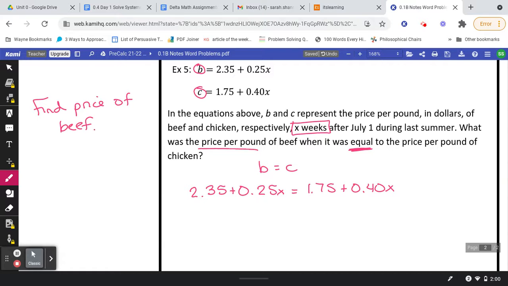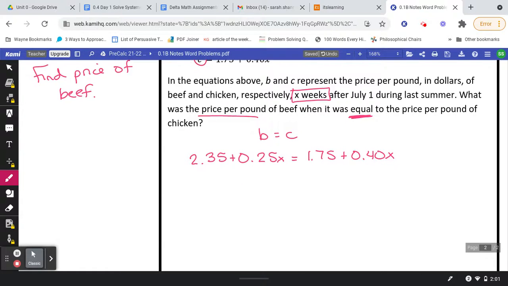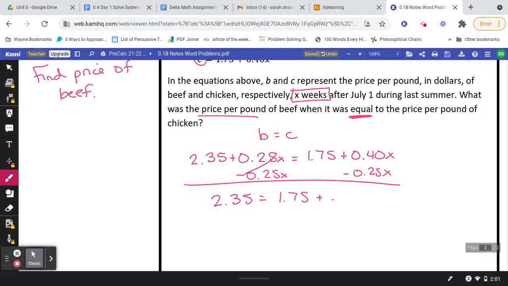All right. So let's go ahead and solve this equation out. I'm going to subtract 0.25x. And subtract the 1.75.